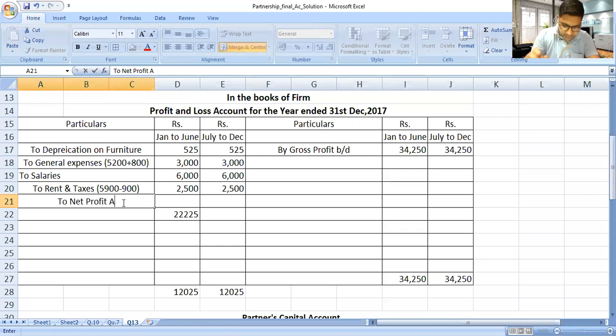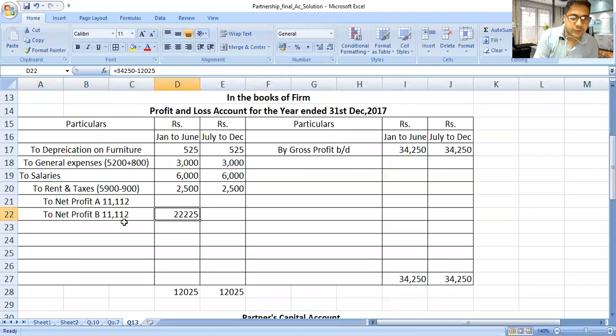We distribute it equally, 11,112 for A and 11,112 for B. Then you have to find out the profit of the July to December term: 34,250 minus 12,250, and you will get the same.